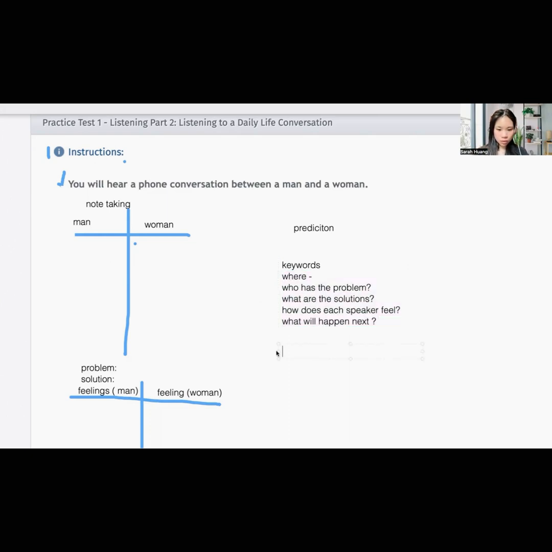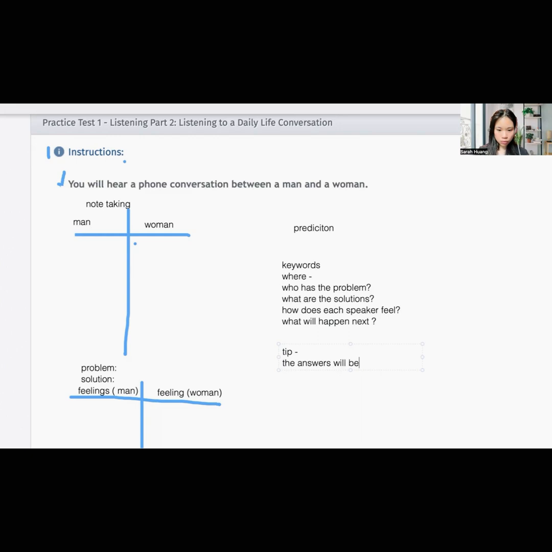Another tip, the questions will be answered in the order of the audio. So the first question is going to be at the very beginning of the audio, and the last question is going to be at the very end of the audio. So it's helpful for you to have organized notes so that you can easily pick and choose your answers.